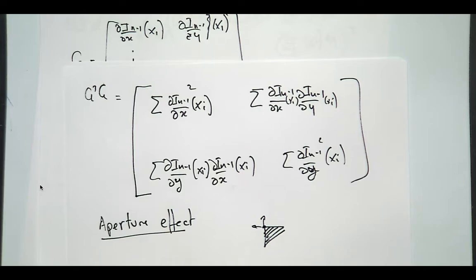But if you're just at an edge, you can only resolve in one direction, not in the other. And if you just have a flat region, there's nothing you can do. So that's the same problem, we don't resolve more with the maths.